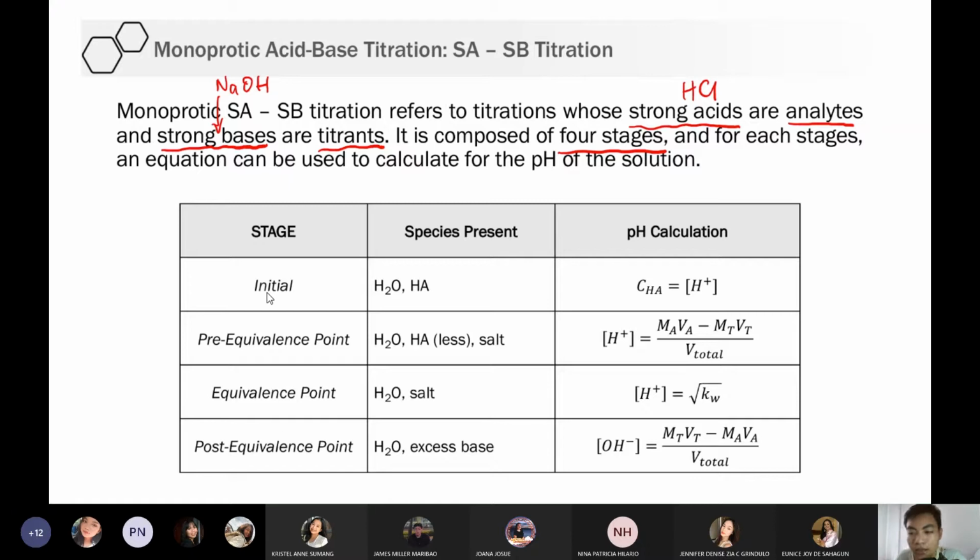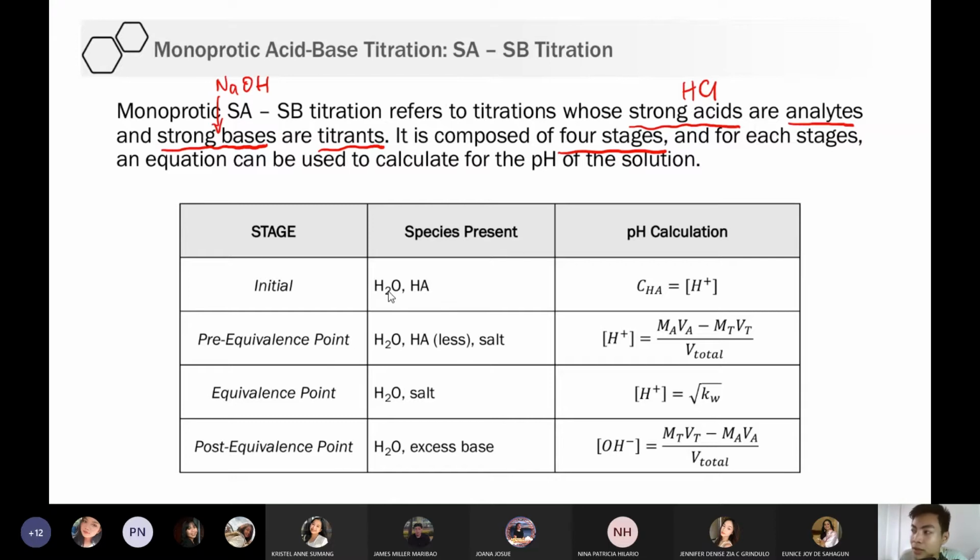When you say initial, ibig sabihin nun, wala ka pang dinadagdag na titrant. Wala ka pang dinadagdag na base. Initial nga eh. Wala ka pang dinadagdag na kahit ano sa analyte mo. So that means the species present in your Erlenmeyer flask is just water and the acid.